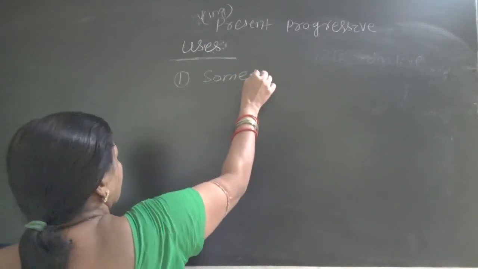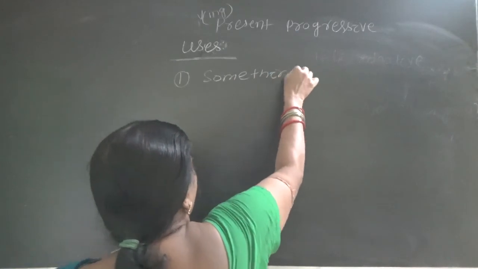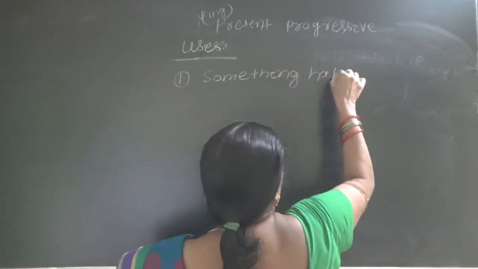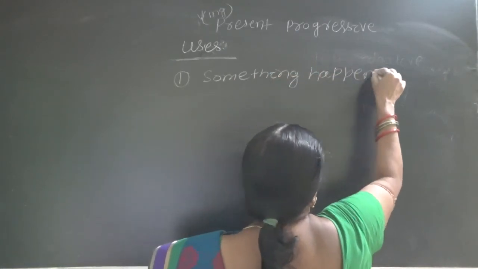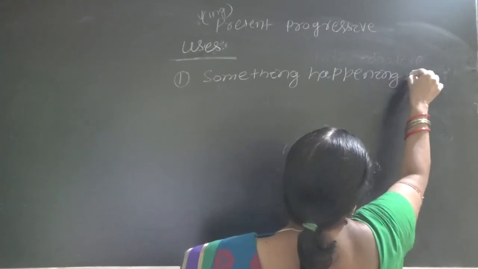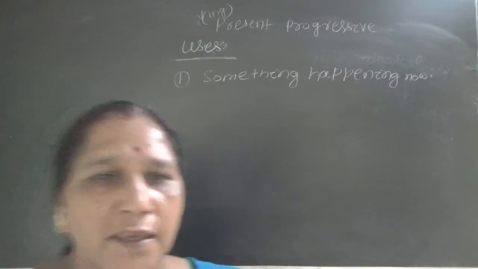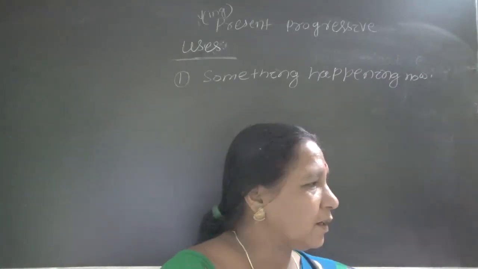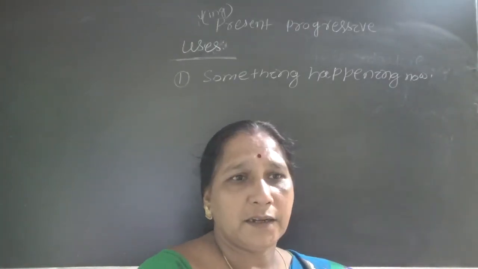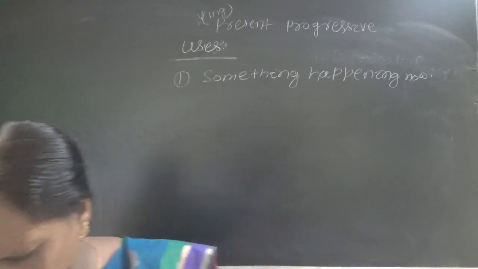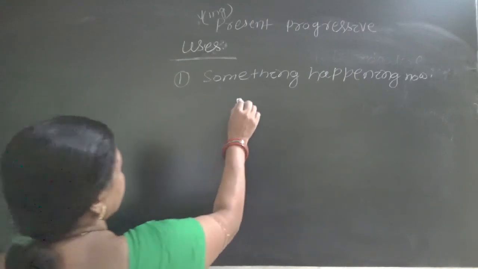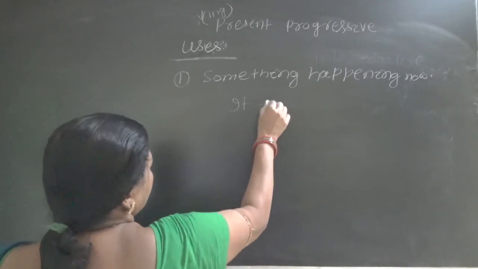Something happening now means something happening at the time of speaking. It is raining.